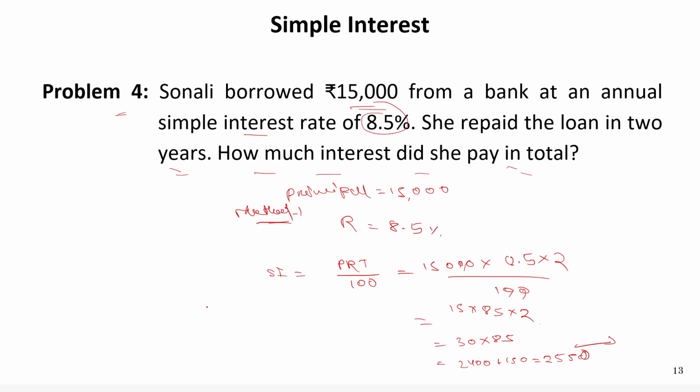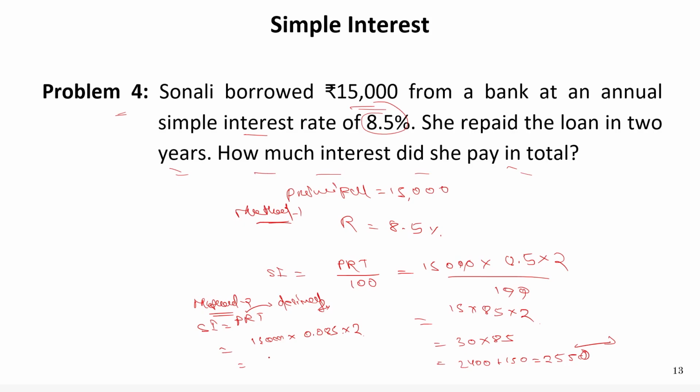And we can also solve this by method 2. That is SI is equal to PRT, where R is in decimal form. So principal is equal to 15,000, into R is equal to 8.5, in decimal form it is 0.085, into T is equal to 2.